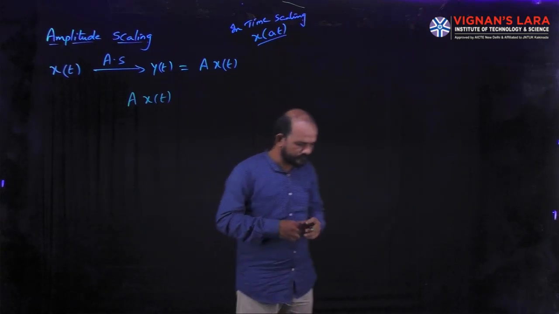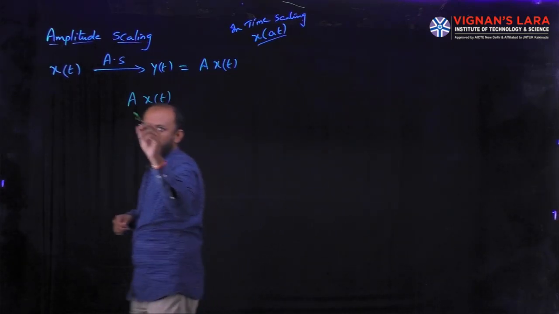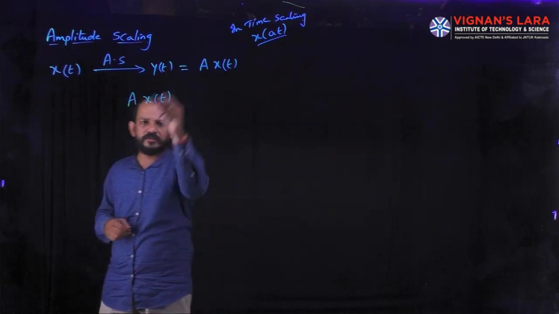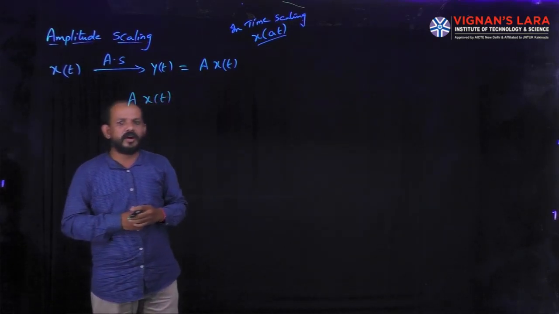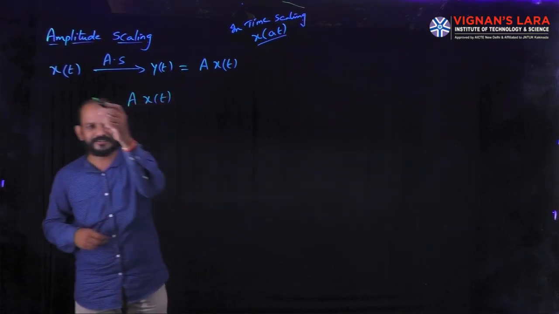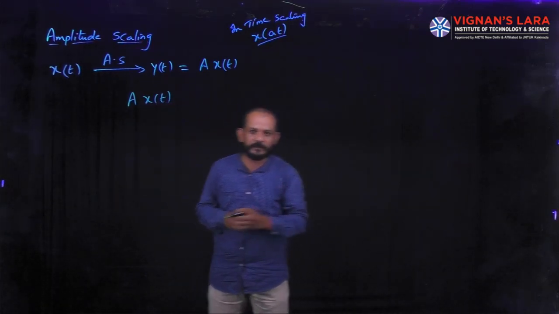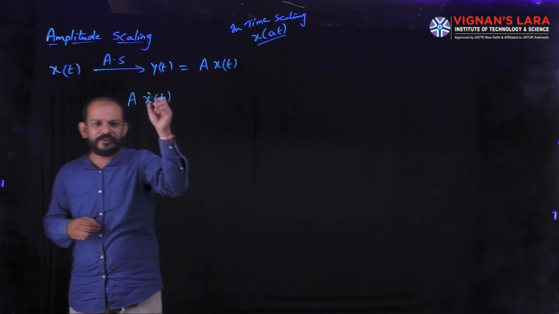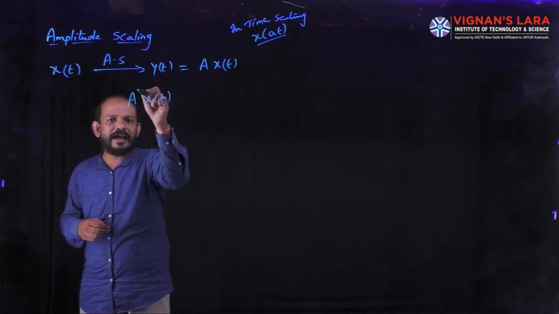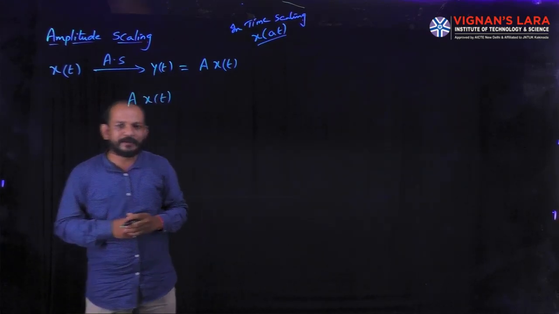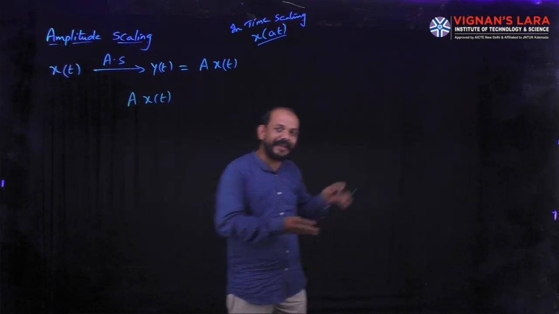Now the output y of t is nothing but a x of t. The output of the signal x of t, where we perform amplitude scaling, is nothing but, at every instant of time, the amplitude of signal will be multiplied with a at that instant.